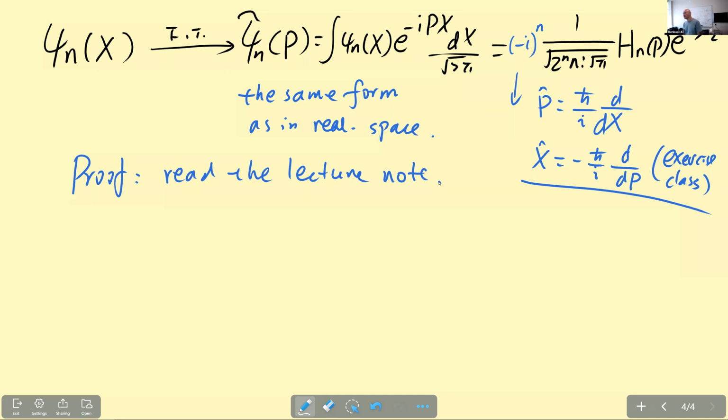All right. So this is something very beautiful about this harmonic oscillator. It comes from the fact that the Hamiltonian is symmetrical in terms of position and momentum, right?